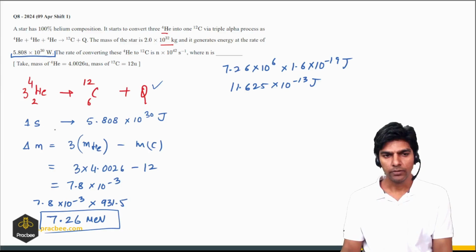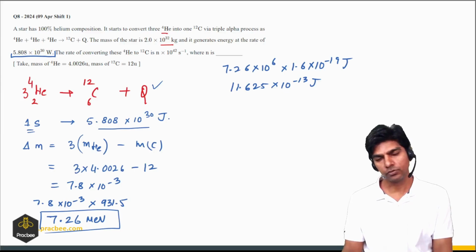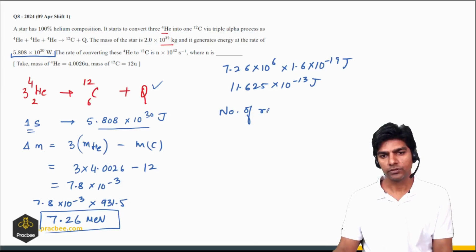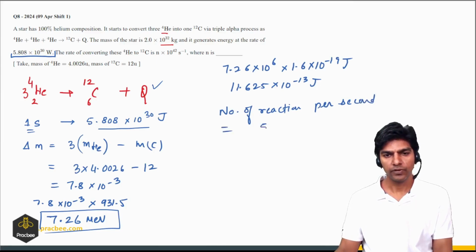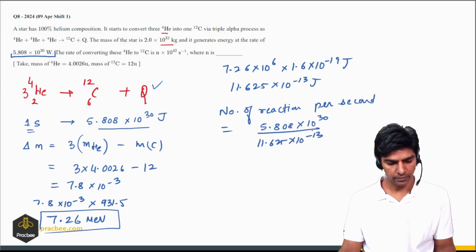How can we do that? We know in 1 second 5.808 into 10 raised to power 30 joules of energy is being released. So the number of reactions per second will be 5.808 times 10 raised to power 30 divided by 11.625 into 10 raised to power minus 13.